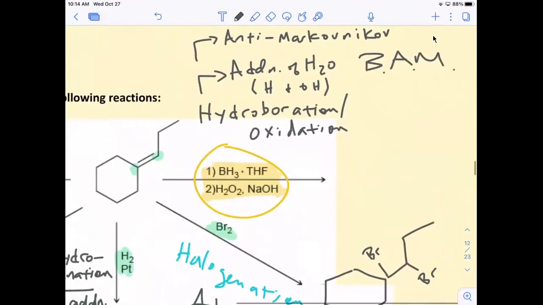It's also syn addition. So the product is going to look like this, where I add an H to one side, and we're going to go through this in a bit of detail, and OH to the other side.